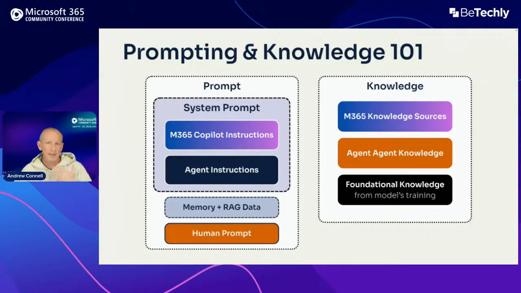So, and then there's also a concept over here on the right-hand side where we talk about knowledge, and this is where you've got the foundational knowledge that the language model has access to. This is the stuff that the model gets when it was initially trained. We've heard how long it takes to train models like GPT-4, GPT-5. That's the foundational knowledge that the model has.